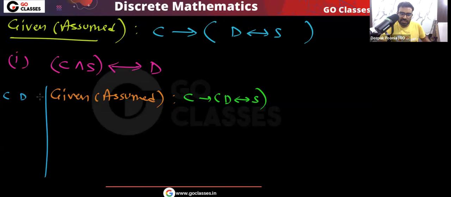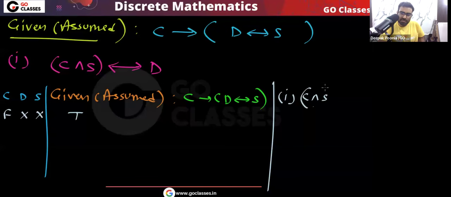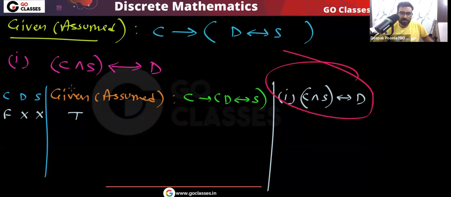Here on one side, let me write C, D, S. So you can see that if I make C false, then anything I can take here, then this given statement will become true. Can I make this first expression, C and S, false?